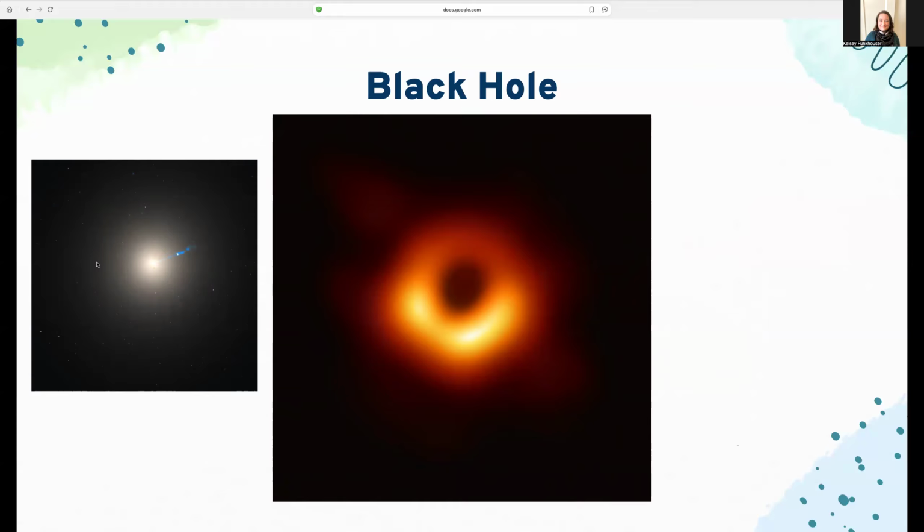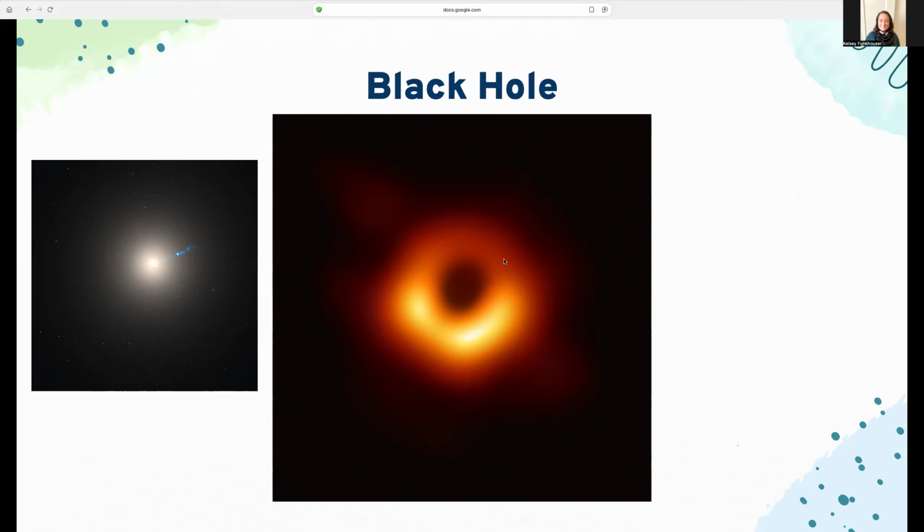It's just named after a survey. It's like the 87th object of the Messier survey. And this is an elliptical galaxy, which is different than our galaxy. The Milky Way, our galaxy, is a spiral galaxy, so it has a lot more dust and gas than an elliptical galaxy does. But back to the black hole.